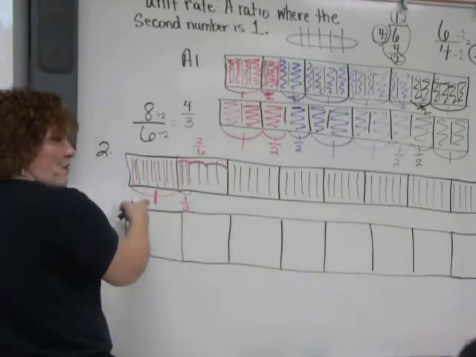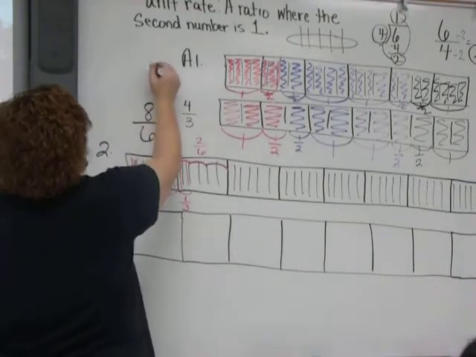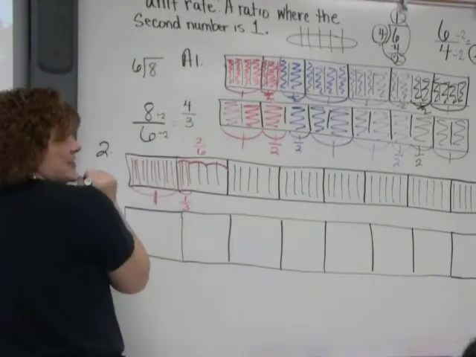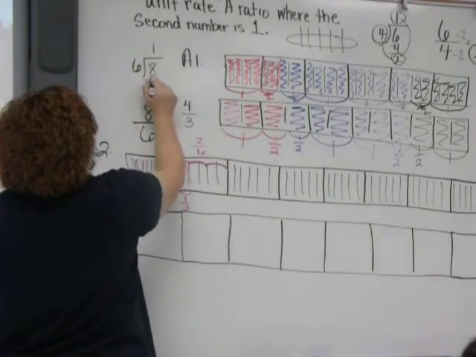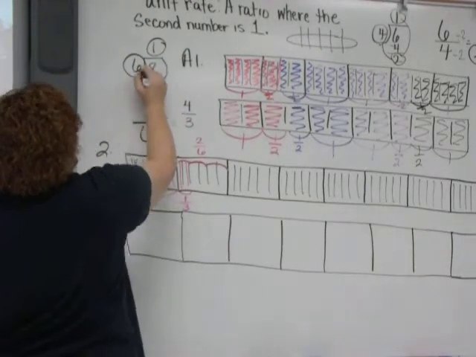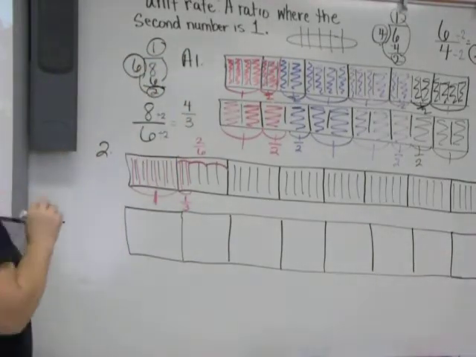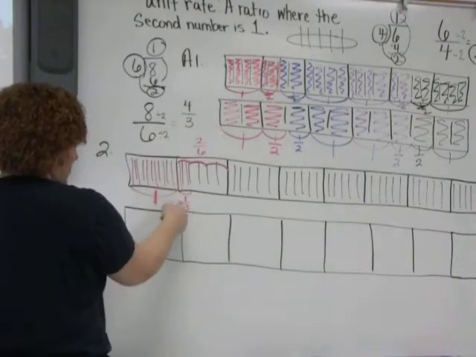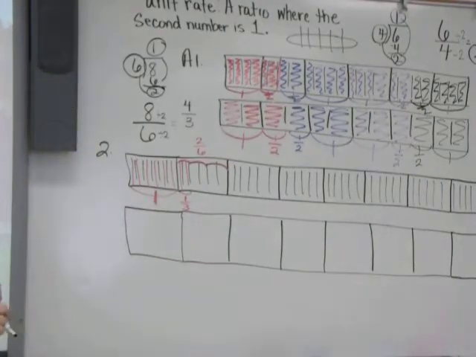I could have gotten my 1 and 1/3 answer by going 8 divided by 6. 6 will go into 8 one time with 1 and 2 of the next 6. 1 and 2 sixths, which reduces to 1/3. So I could have gotten that answer by just doing my division.